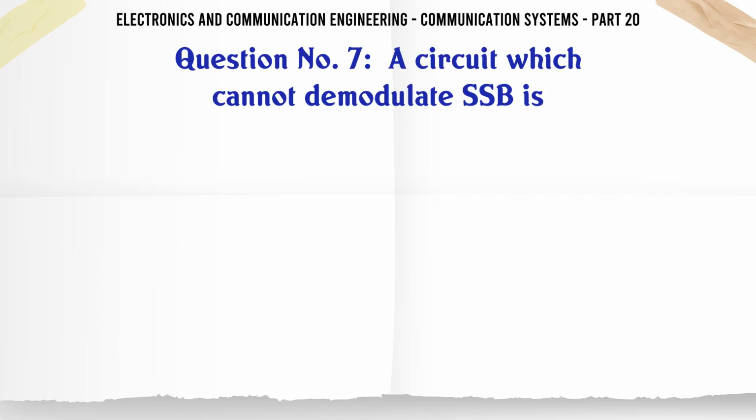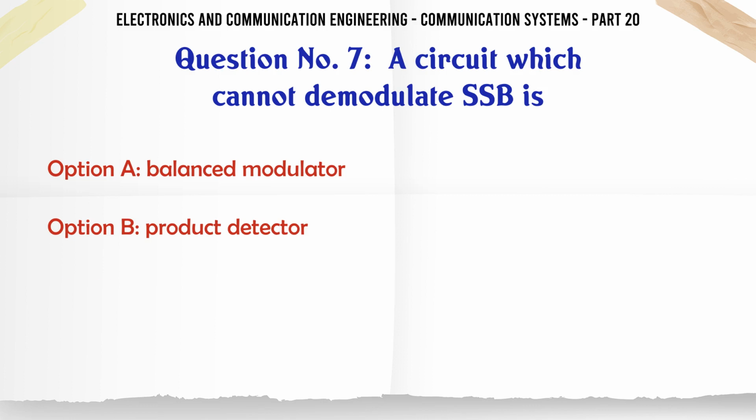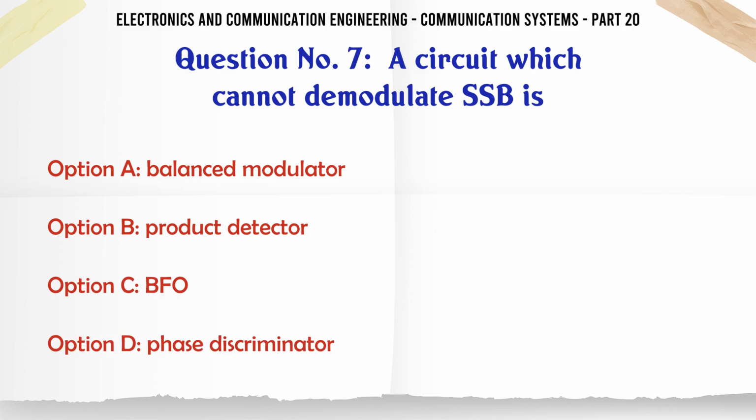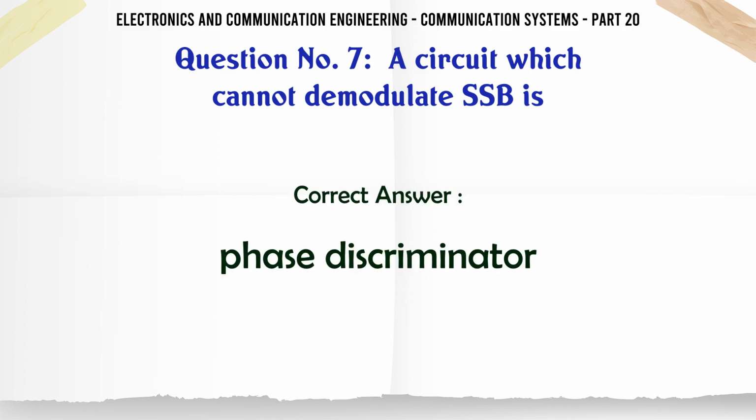A circuit which cannot demodulate SSB is: A, balanced modulator; B, product detector; C, BFO; D, phase discriminator. The correct answer is phase discriminator.